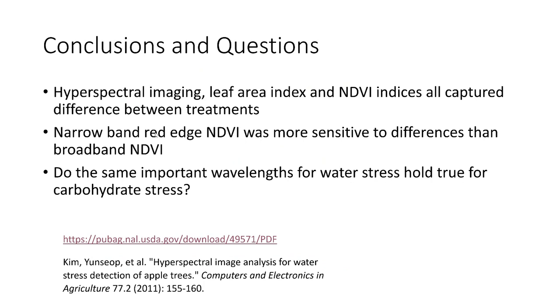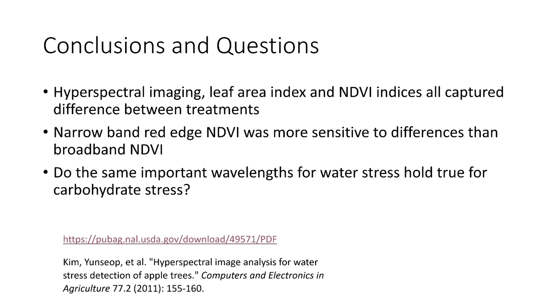So the authors concluded that hyperspectral imaging, leaf area index that they calculated from the digital camera pictures, and then NDVI all were able to capture differences between treatments. And then between the 2 NDVIs, red edge was a little better than the broadband NDVI at capturing differences.